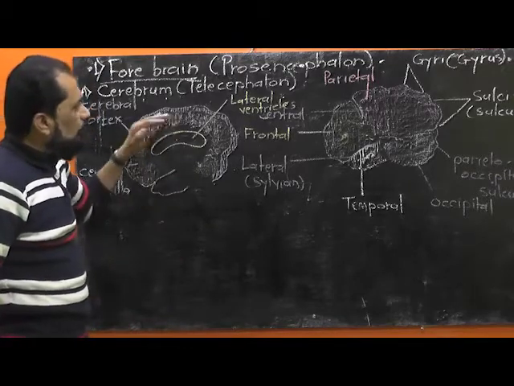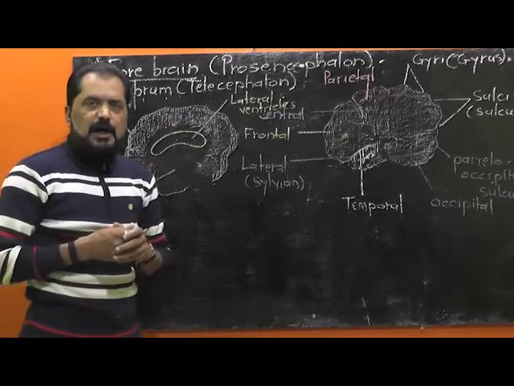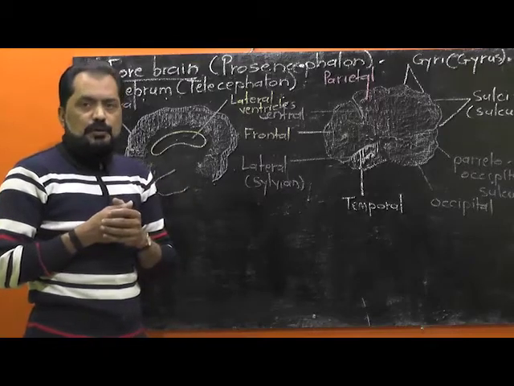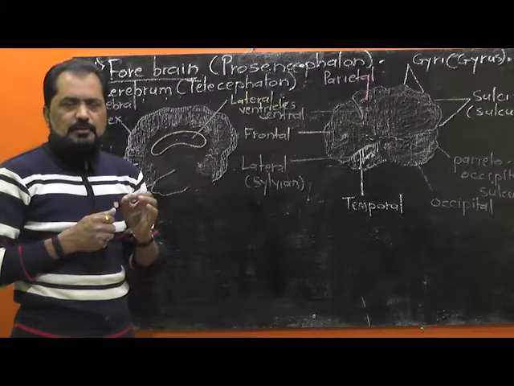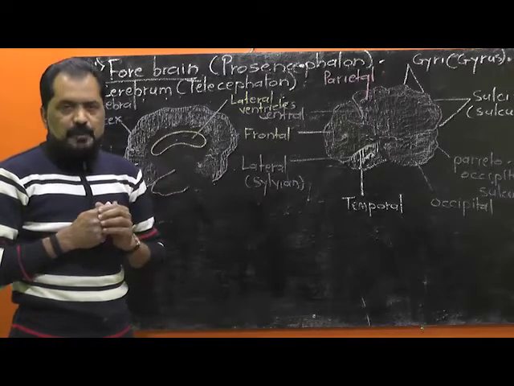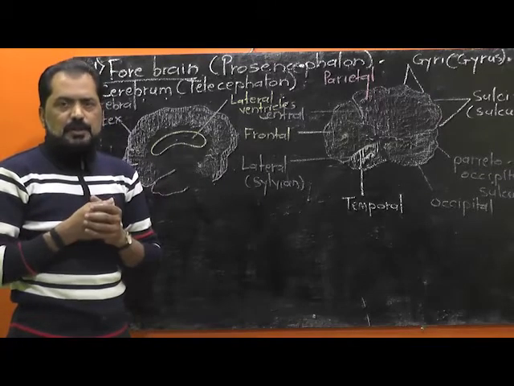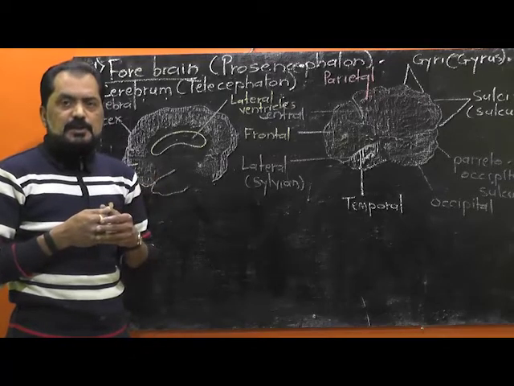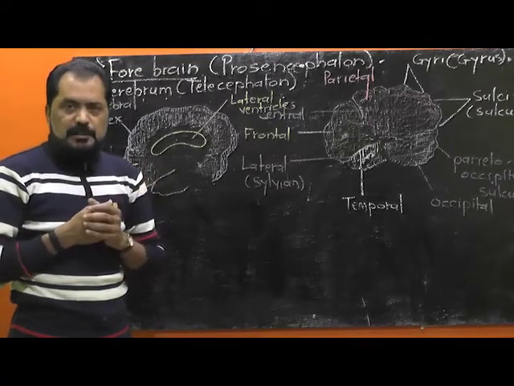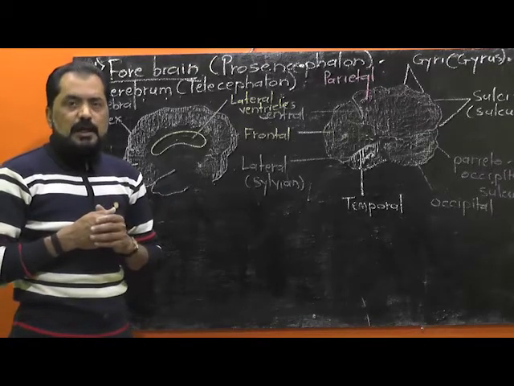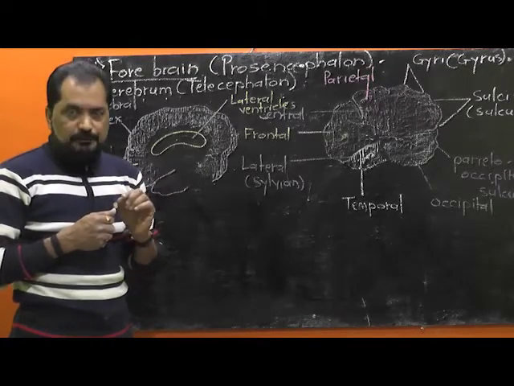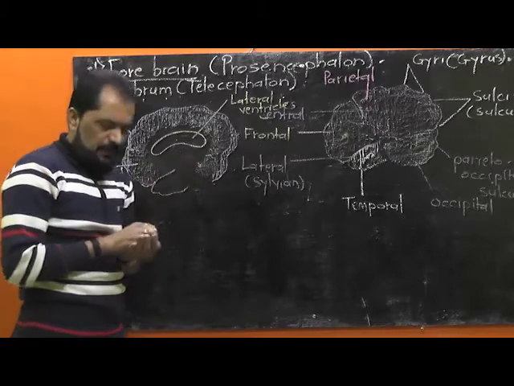Now, both cerebral hemispheres are interconnected with each other ventrally by means of a thick band of nerves. On the ventral side, both cerebral hemispheres are joined to each other by means of a thick band of nerves known as the corpus callosum. Let me show in this diagram.